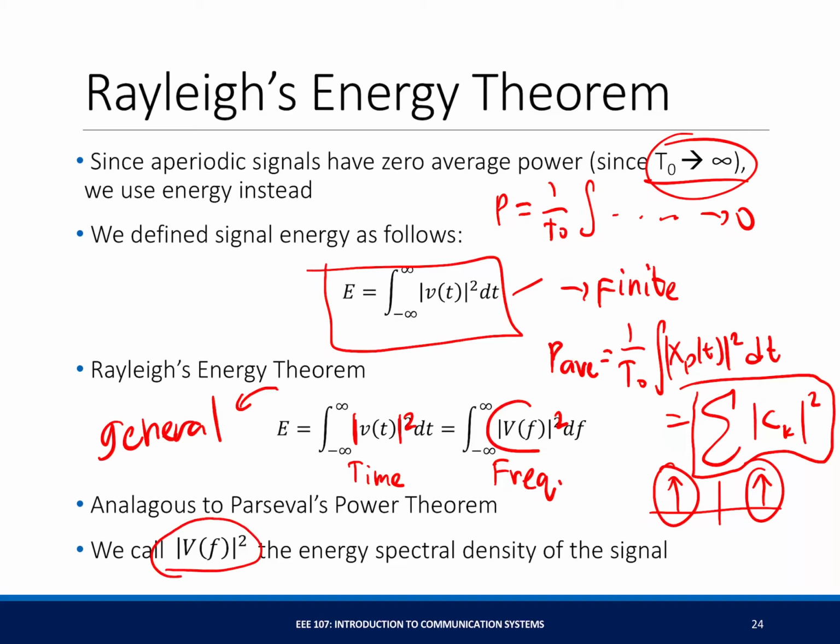Okay, and we call this right here the energy spectral density of the signal, which will be important when we're dealing with communication systems or communication signals. Because if we're trying to transmit a signal, we always need to think about how much energy it will consume in different parts of the frequency. So it's not just the total energy it consumes.